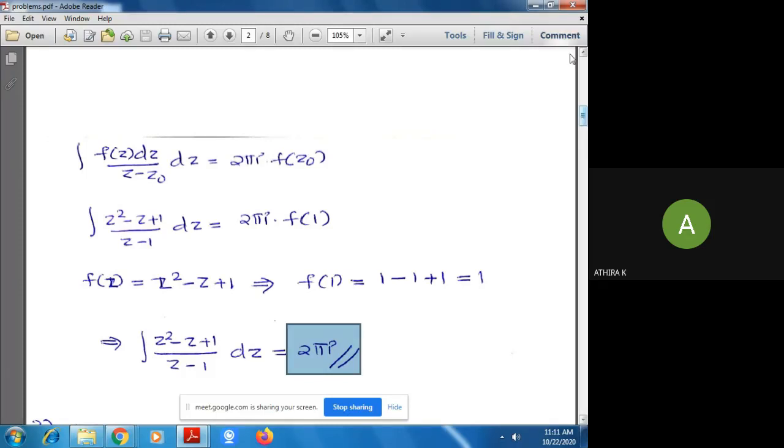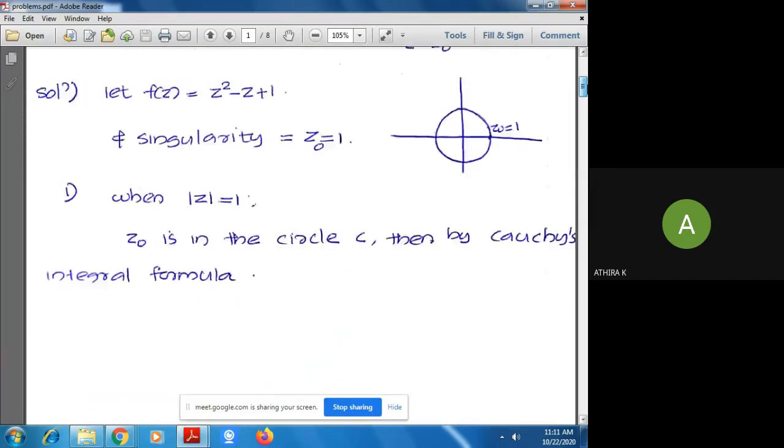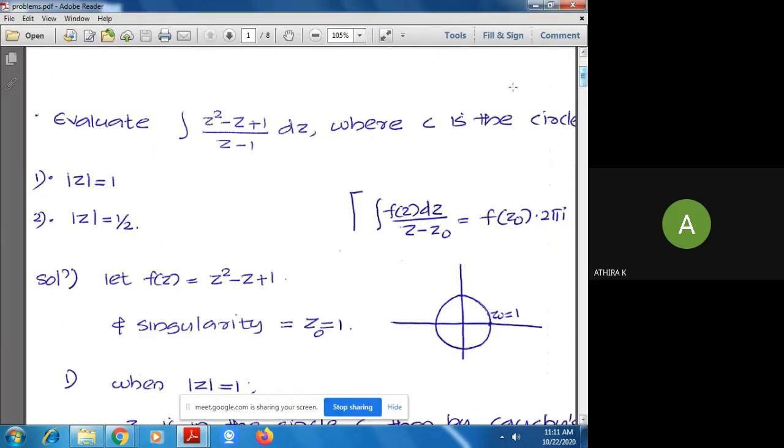Okay. Same way, what about the value of integral z square minus z plus 1 divided by z minus 1 dz around the circle mod z is equal to 1 by 2? Please comment.